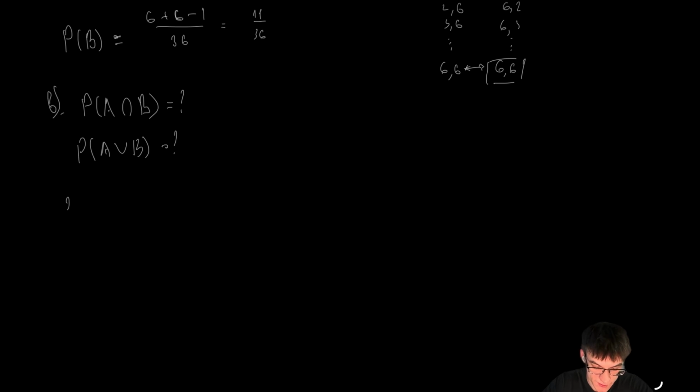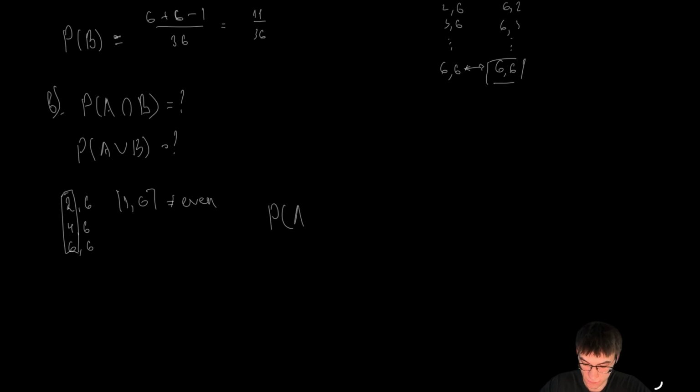For example, 6 and 2, 4 and 6, 6 and 6. Because if it was an odd number, 1 and 6, the sum of those numbers wouldn't be even. That would be 7 and so on. That's why we need the other number to be even. So as a result, we have only 3 possible outcomes when the second die is 6, and 3 possible outcomes when the first die is 6.